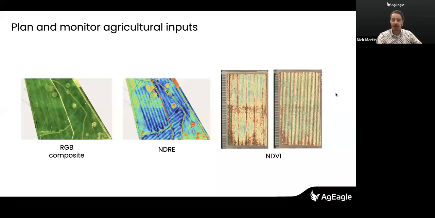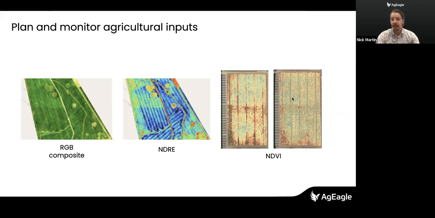Over here on the right is an NDVI map of a peach orchard. And what we want to show you here is on the left is the field in a bit of distress from a nematode infestation. This is pre-application for nematode, and on the right here is post-application for nematode.